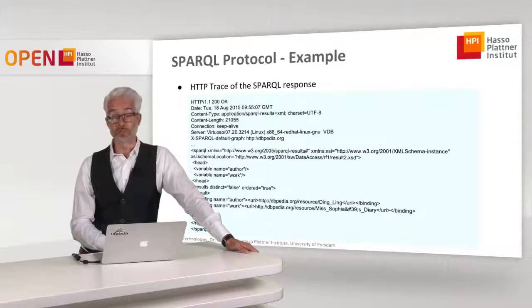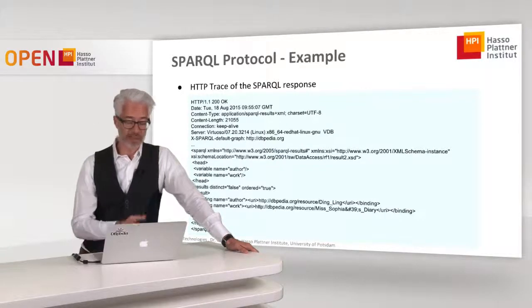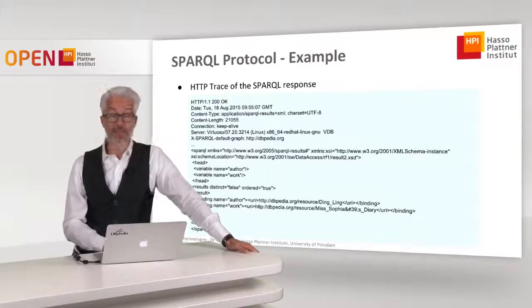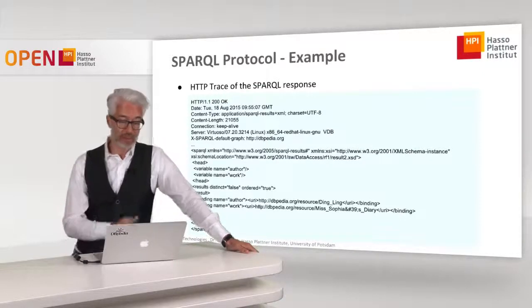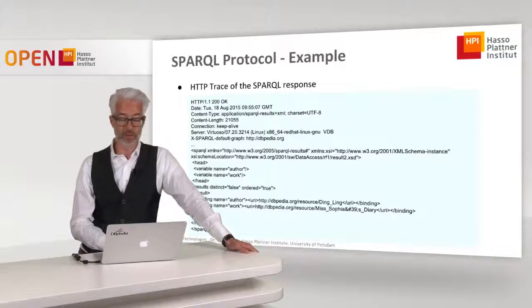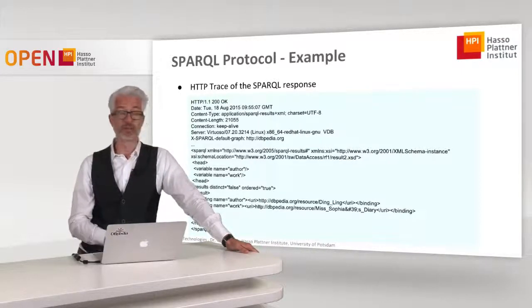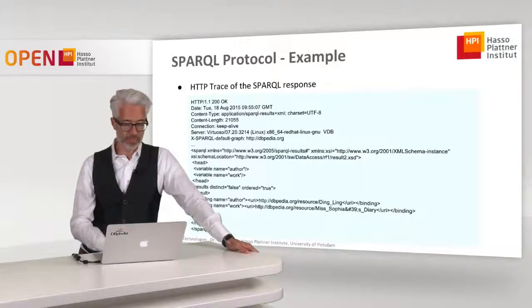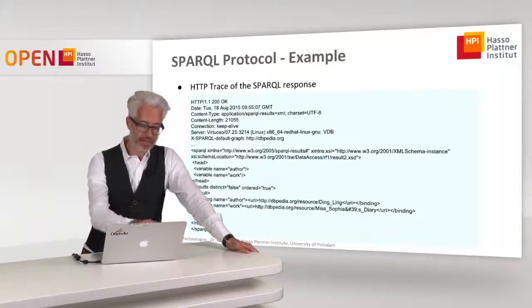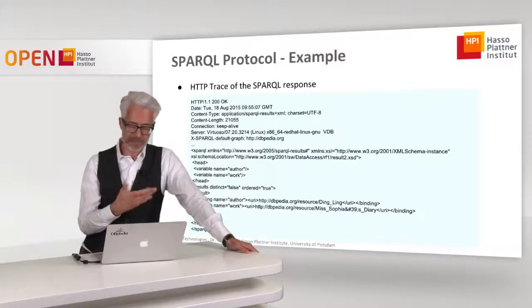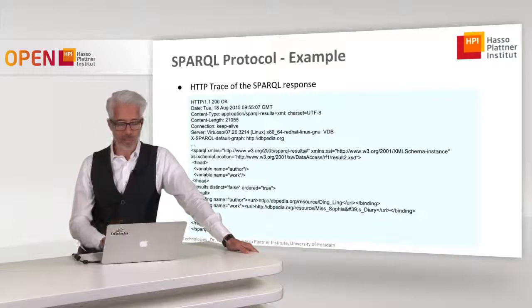And the response of the server would look something like this. So for example, if it works with HTTP 1.1, and if everything works out well, you get a 200 result or return code, which means everything is okay. And then you get some metadata about the query on that SPARQL endpoint. And then, of course, comes as content the XML encoded file, and it's encoded exactly in the way we have talked about.